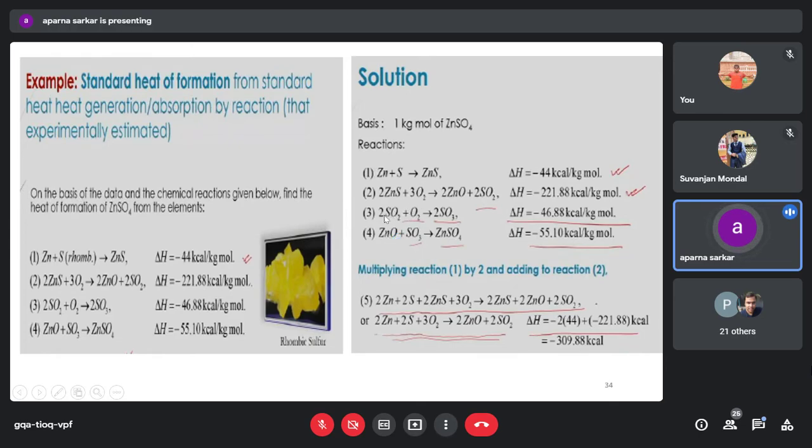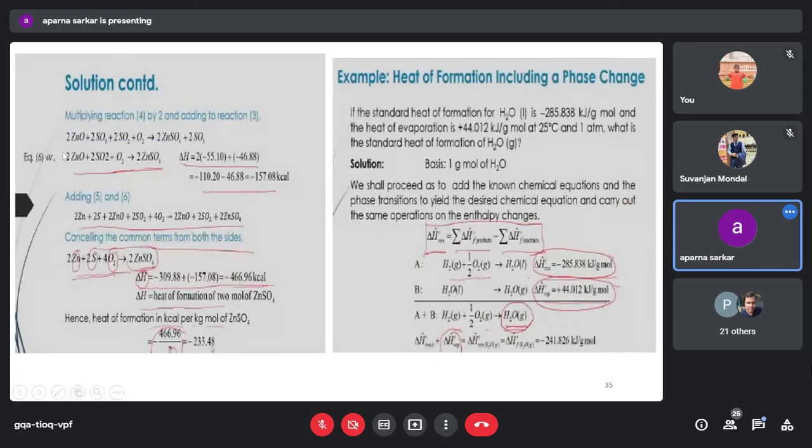So on the next page you can see that 2ZnO plus 2SO2 plus O2 is equal to 2ZnSO4.